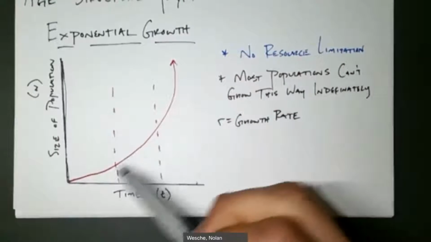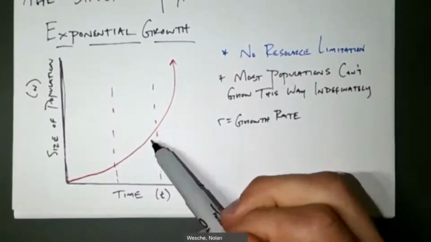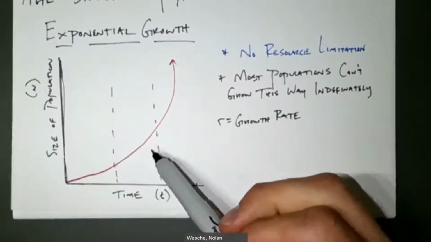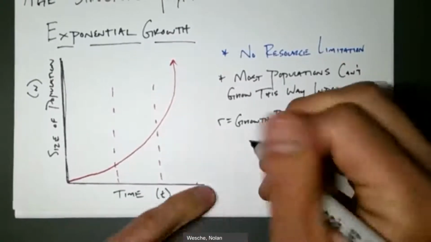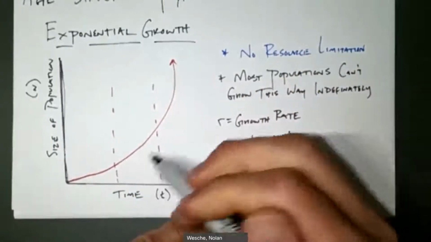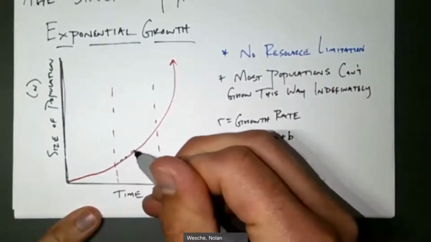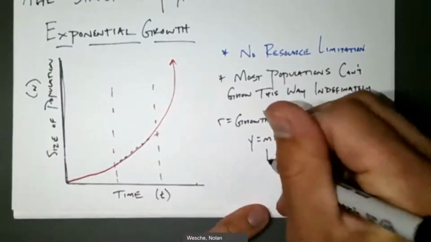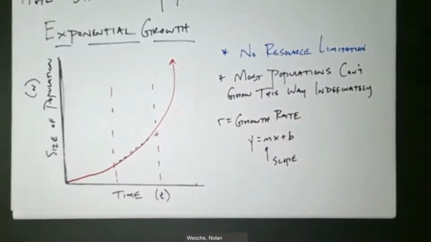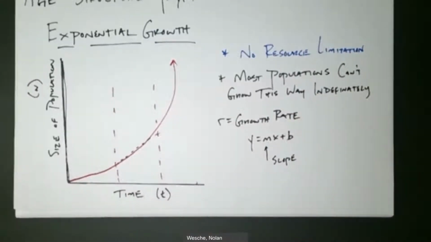If you're working with a software program, you can make a best fit line here, and then just find the slope. We know that y equals mx plus b. So if you were to make a best fit line in here, you could find that slope value and have a good idea of what the rate would be.